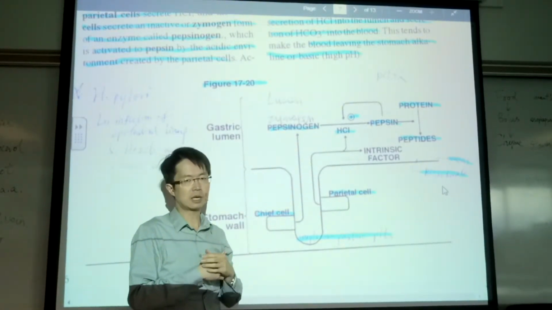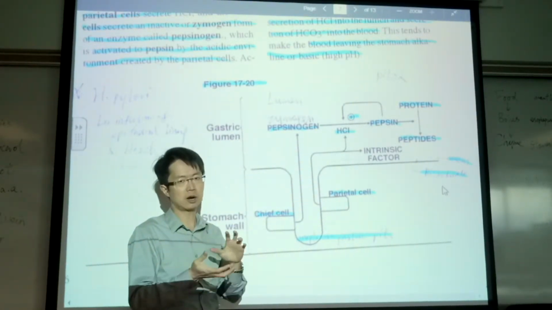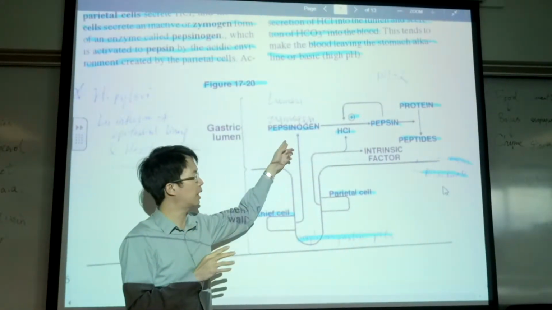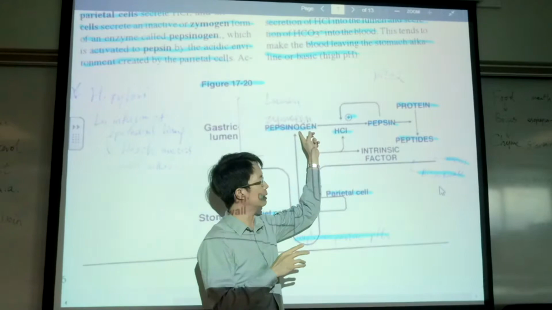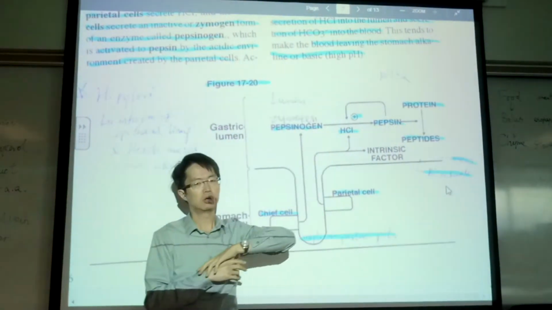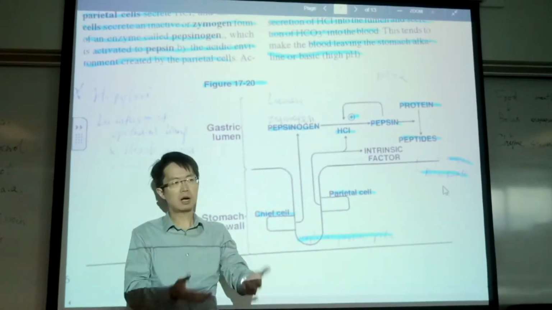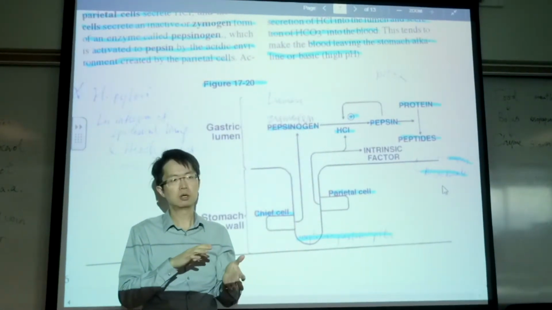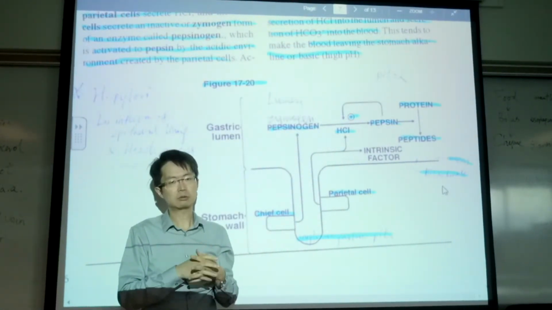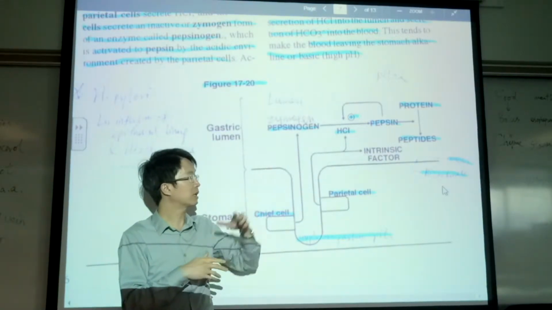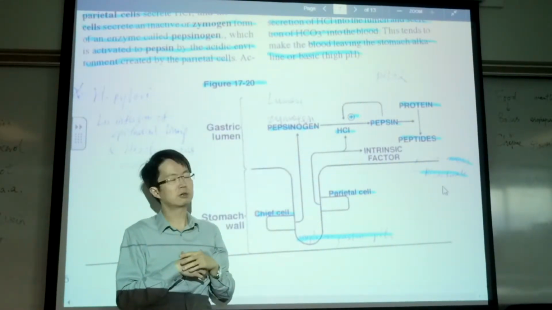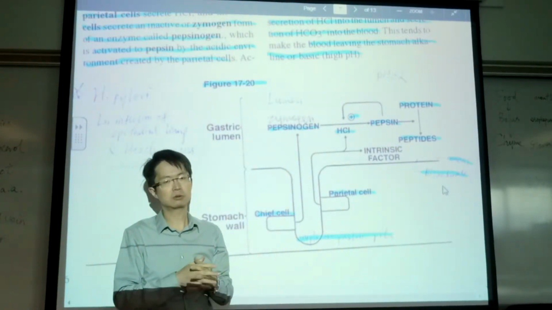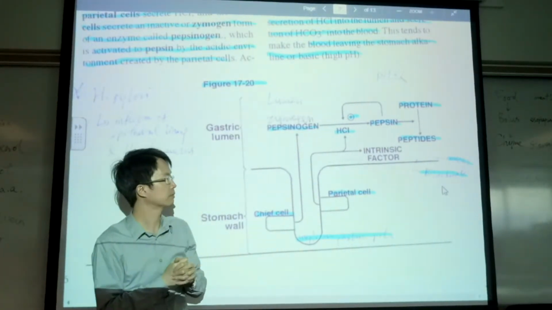But when the structure of the pepsinogen is changed, it actually becomes activated into pepsin. So most of the time when protein goes through denaturation, it will deactivate that protein. But this is one of the few cases where denaturation of pepsinogen actually activates the protein into pepsin.